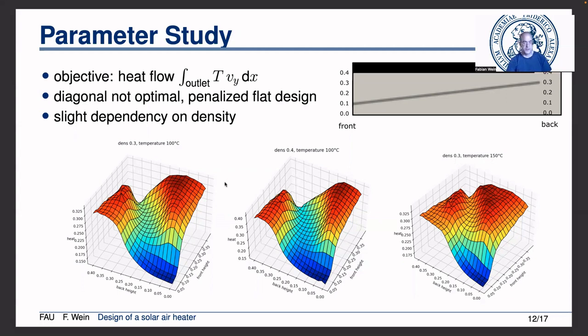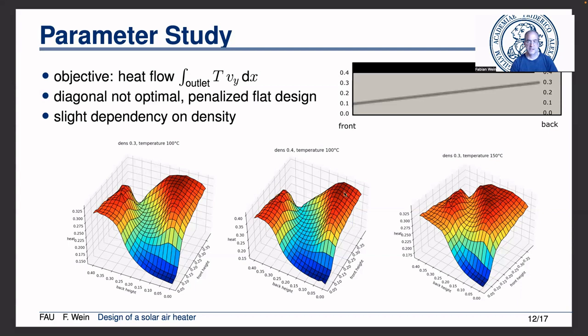We see first that we have a dependency on the density, which is what was expected. We also see we have a dependency on the enforced material parameters, so by the magic numbers of the model we can control the design, where we need to be very careful.